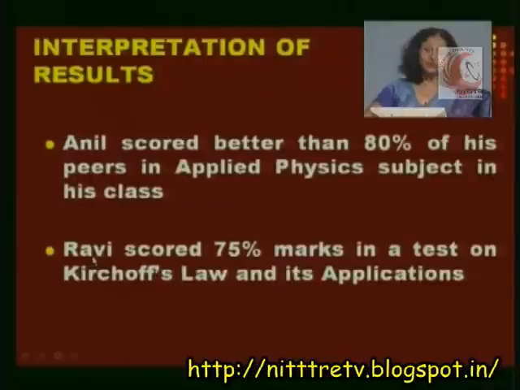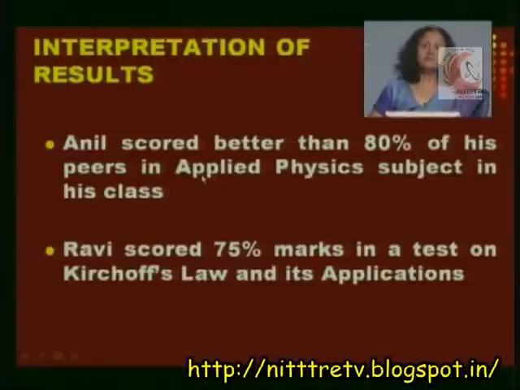If you look at Ravi's case, he has scored 75% marks. There is no comparison with any other individual. Another important difference between the two situations is, in the first case the whole subject is taken, whereas in the second case just the subtopic Kirchhoff's law and its applications.